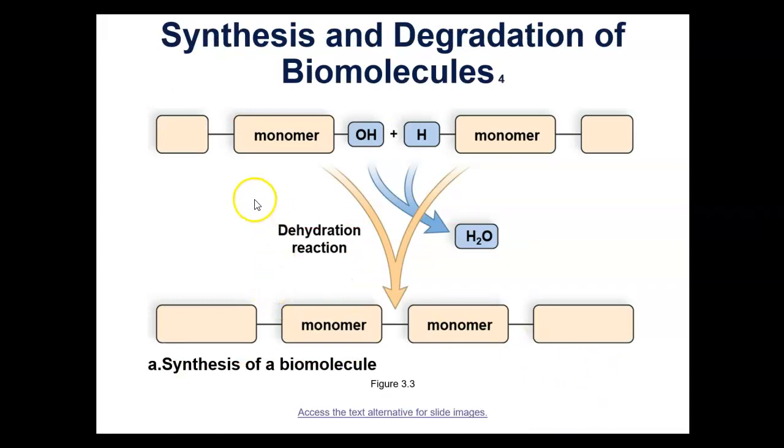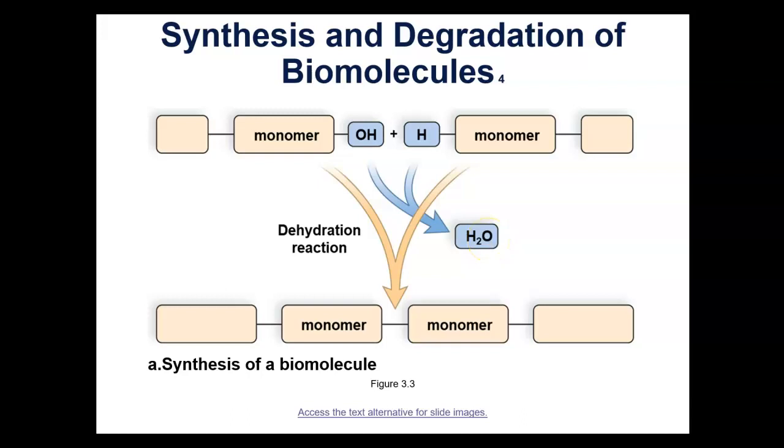You can see here that dehydration reaction is used to join two monomers, and the reason for the word dehydration is because one of the monomers, the monomer on the left, has an OH attached to it. The monomer on the right has an H attached to it. So if you remove the H and the OH, then you leave room for those two monomers to join, and then the H and the OH form water, H2O.